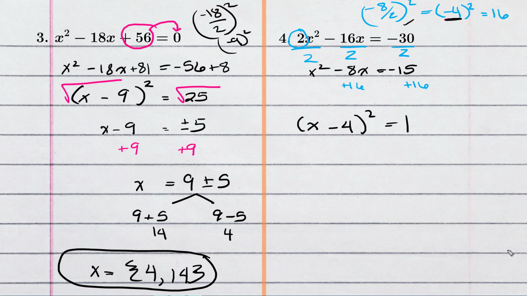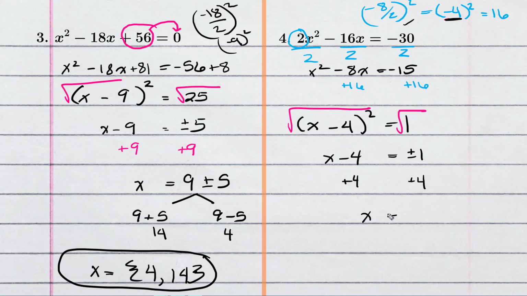Now I'm going to take the square root of both sides. Square root of 1 is 1. So I have a plus or minus 1 over here on the right-hand side. We have x minus 4 on the left. I want to add the 4 to both sides.